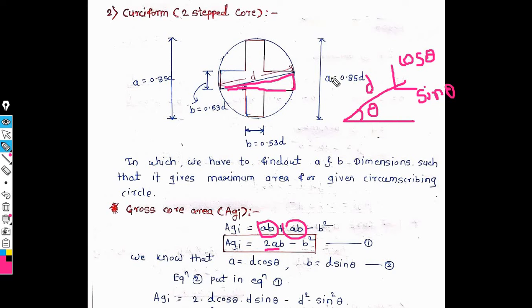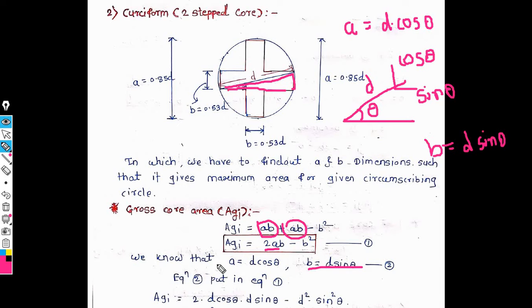Then we consider A equal to D into cos theta, from this angle. Then B is equal to D sin theta, where D is the diagonal of the triangle.